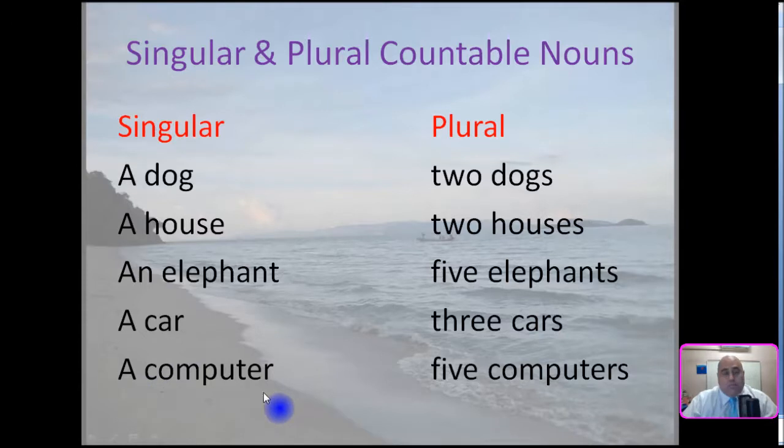A computer. The plural version of these nouns: 2 dogs, 2 houses, 5 elephants, 3 cars, 5 computers. These are countable nouns because they have a singular and they have a plural form.